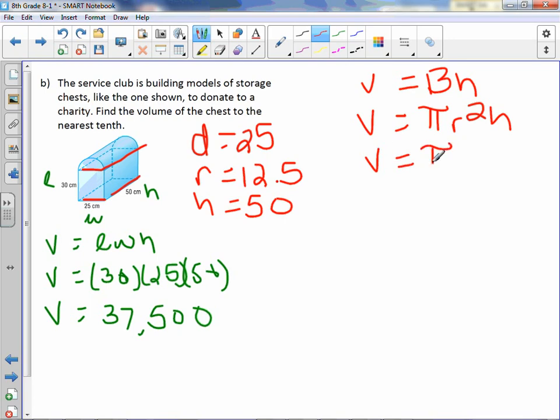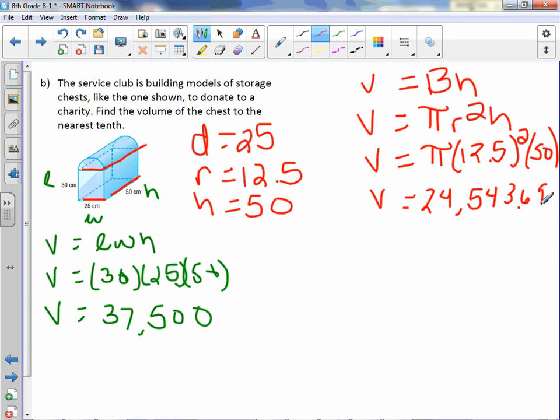Volume equals pi, radius is 12.5, and the height is 50. Multiply them together. Pi times 12.5 squared times 50 is 24,543.69. I don't have enough room, but it's 692.